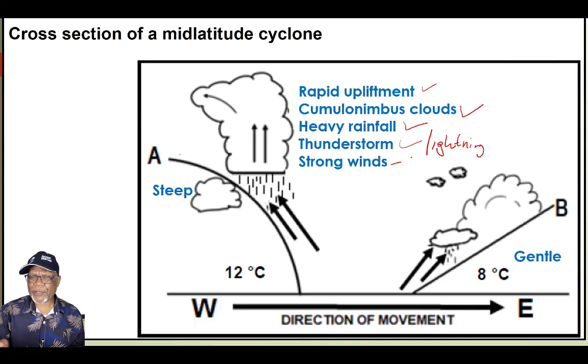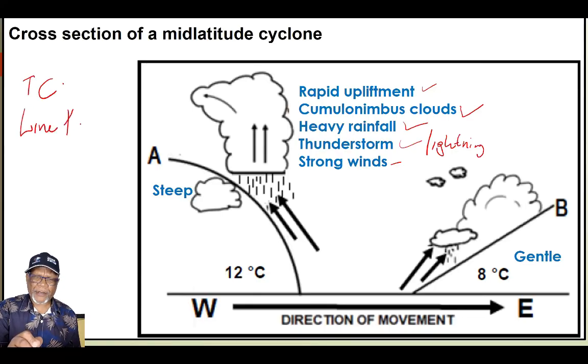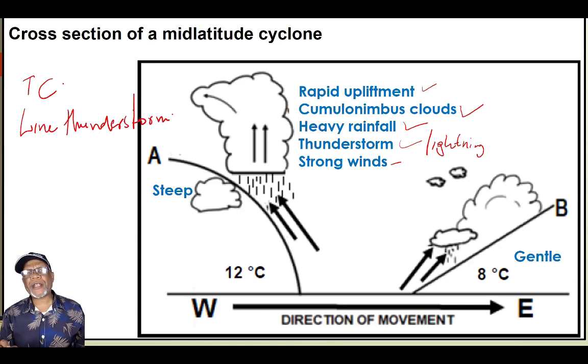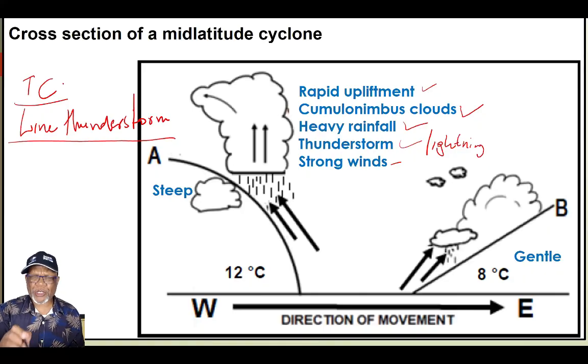Number one that you have is a tropical cyclone, which is TC, and it is a line thunderstorm. So there are three weather phenomena that are associated with cumulonimbus clouds.